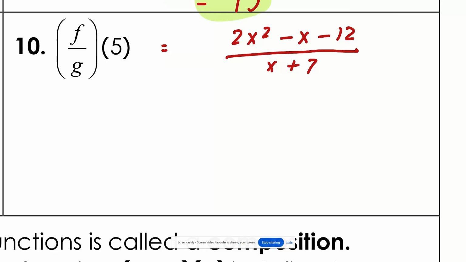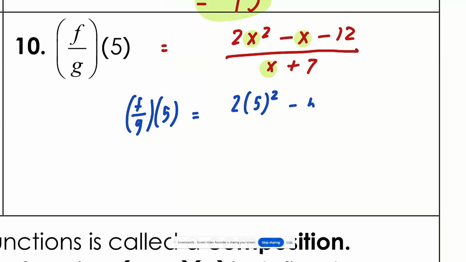So if I want to do f divided by g of 5, I'm literally going to take 5 and I'm plugging it right here into x. Every time I see x, I'm plugging in 5. So I'm going to go up top, 2, open parenthesis, 5, close parenthesis squared, minus 5, minus 12, and that's over 5 plus 7.